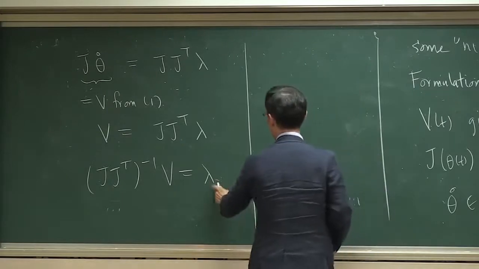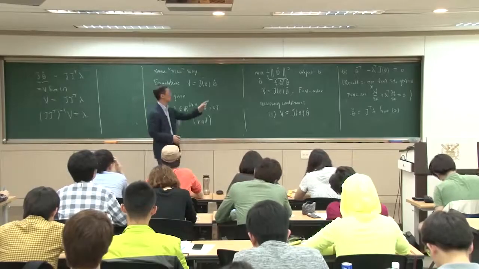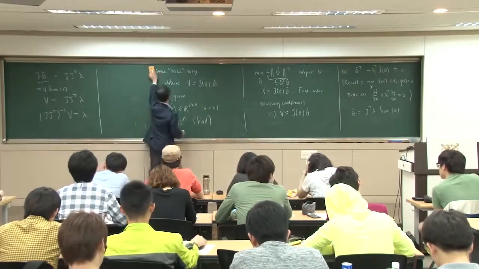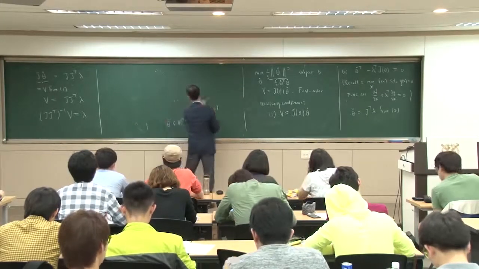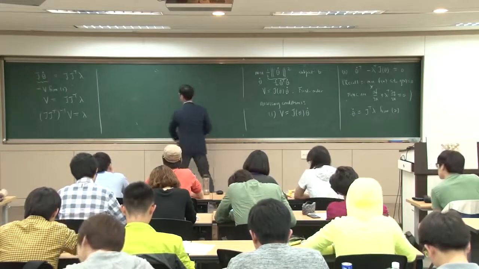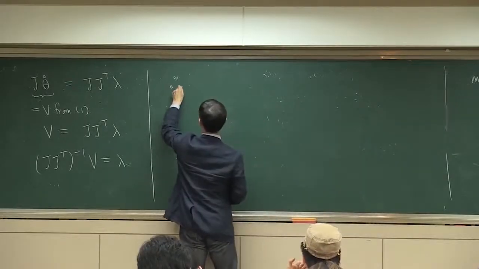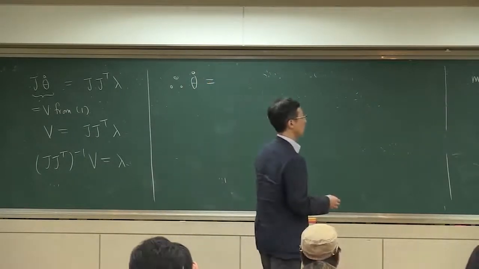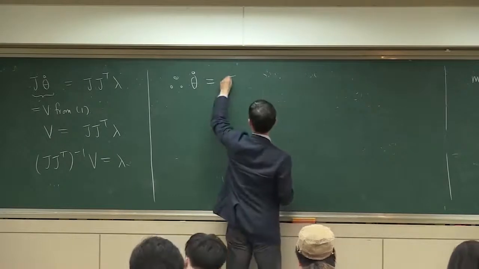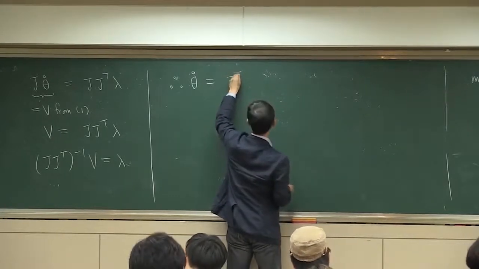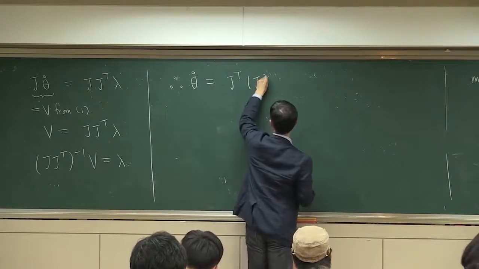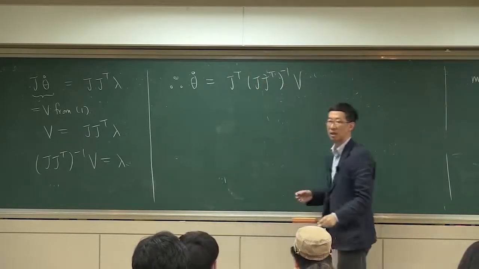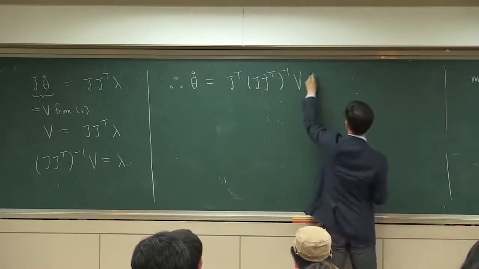Now let's plug this back into equation 1, or equation 2. Therefore, theta dot is equal to J transpose, JJ transpose inverse V, from equation 2.